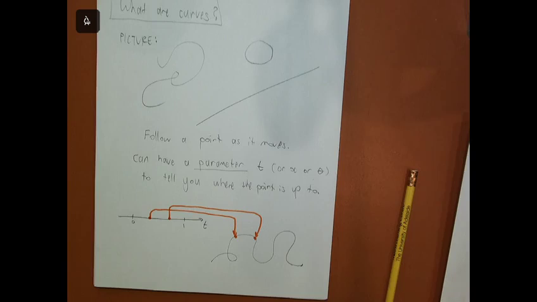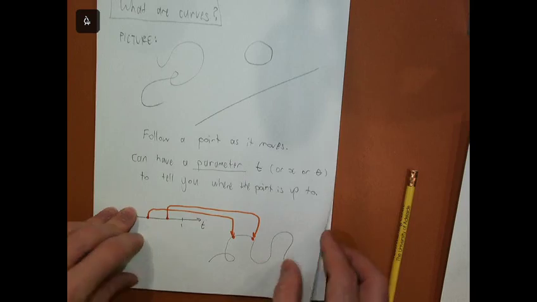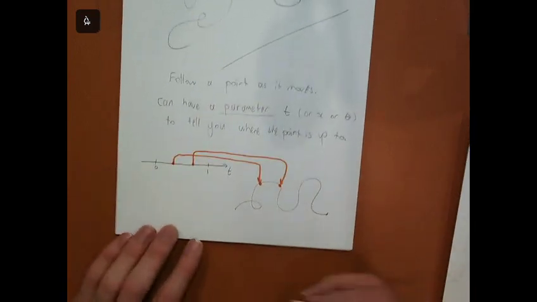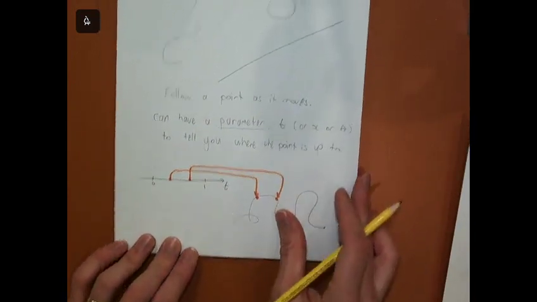Okay, so in a way, this parameterization, they call it, this way of describing a curve parametrically, is a way of listing what all the points on the curve are. So I'm just going to write that down on a new page.